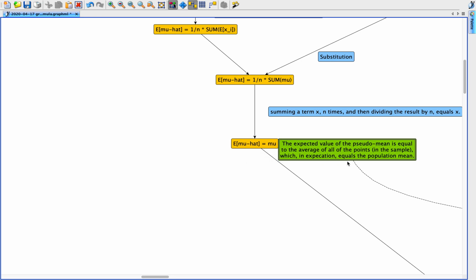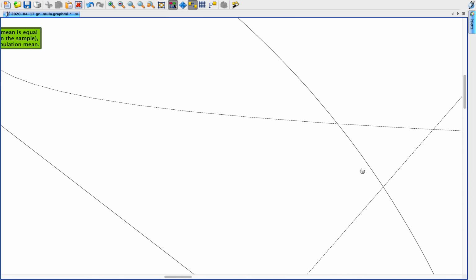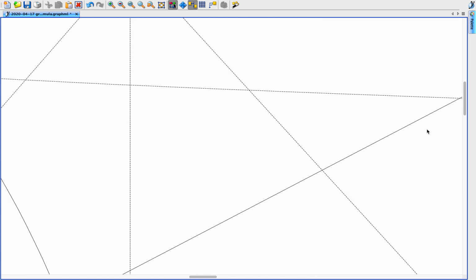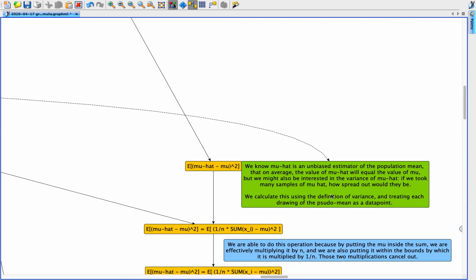But there's another question we might ask, which is: what is the variance of mu hat? If we follow this dotted line, that is the question we're asking over here. We know mu hat is an unbiased estimator of the population mean, so on average the value of mu hat will equal mu, but we might also be interested in the variance of mu hat.